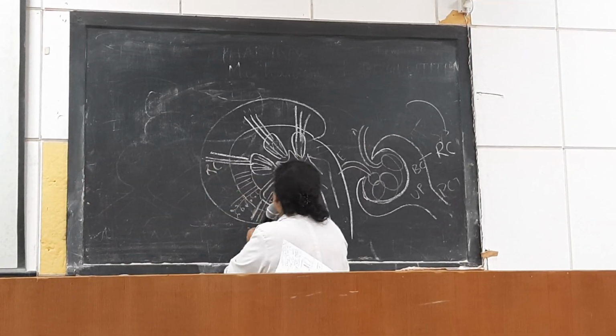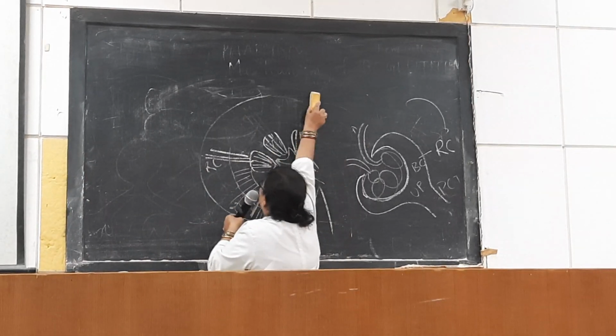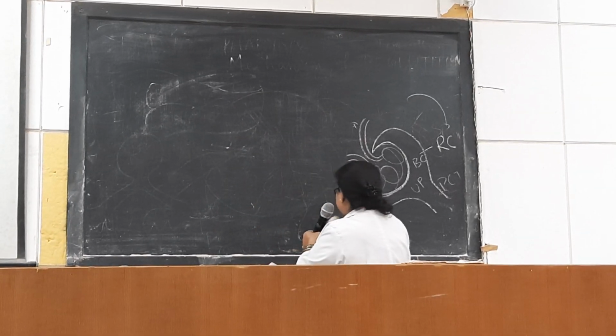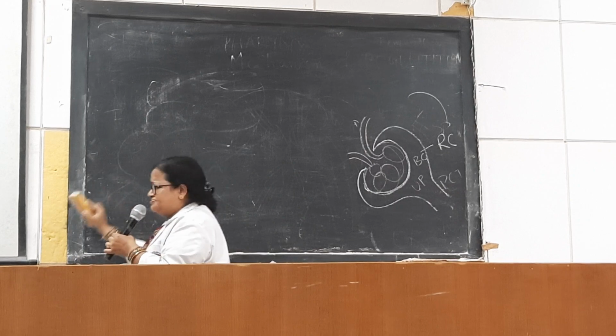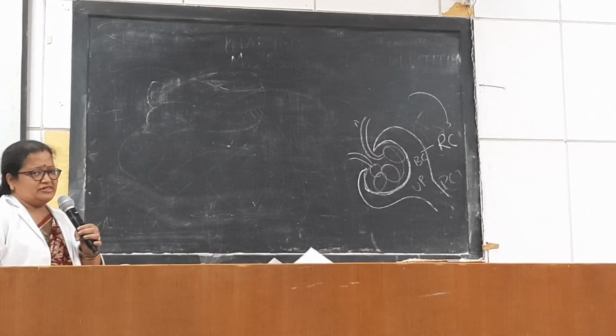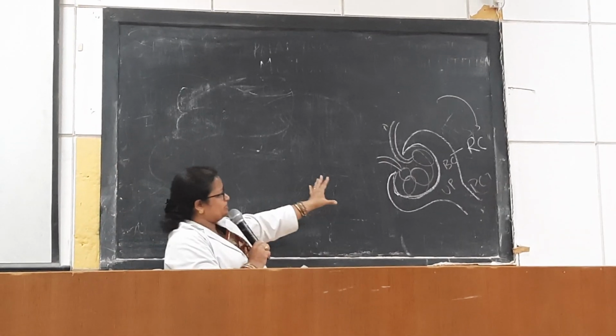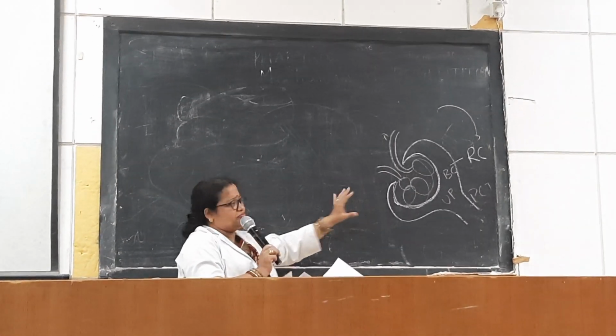And what are the parts of the nephron? Each nephron is made up of, the upper part, the renal corpuscle.